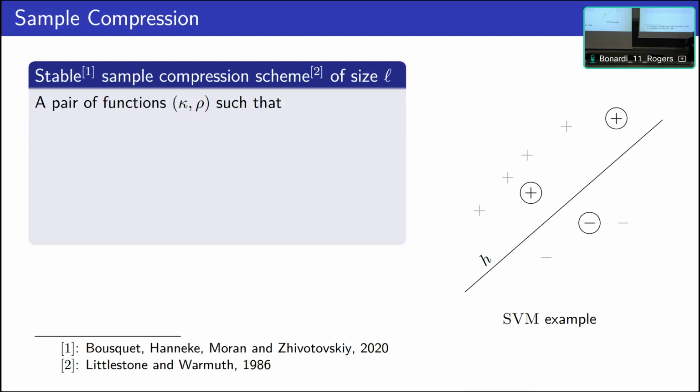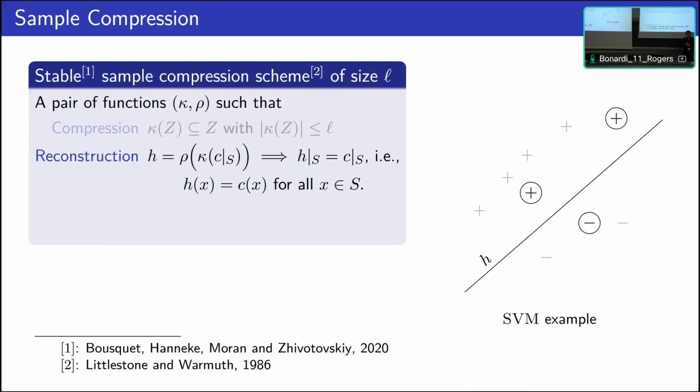where I have a pair of functions, one for the compression, that takes the sample and reduces it to a compression set of size at most L, and the reconstruction function rho that, given the compression of a sample labeled according to a target function, produces a hypothesis that within the sample is indistinguishable from the target function.